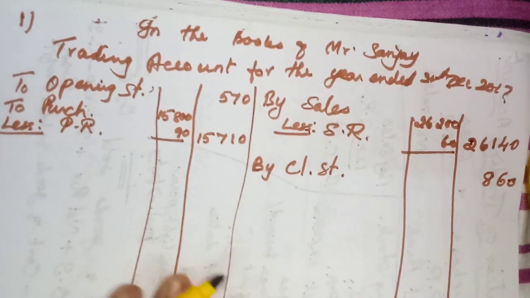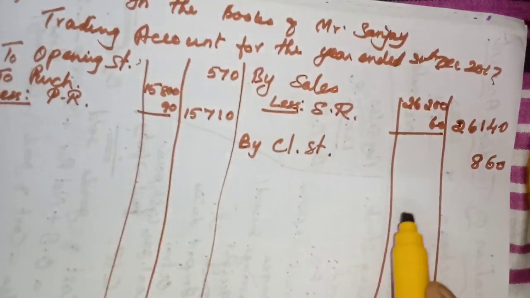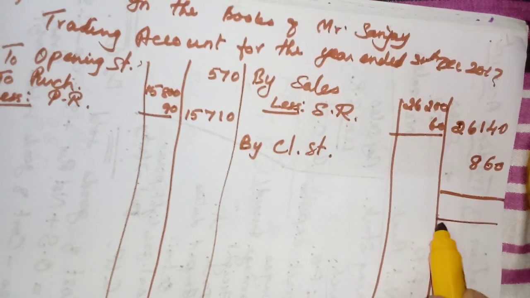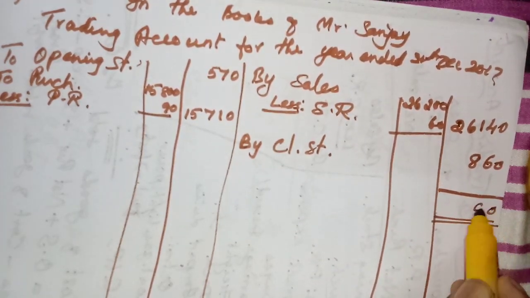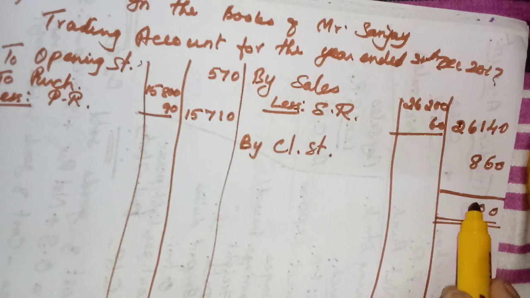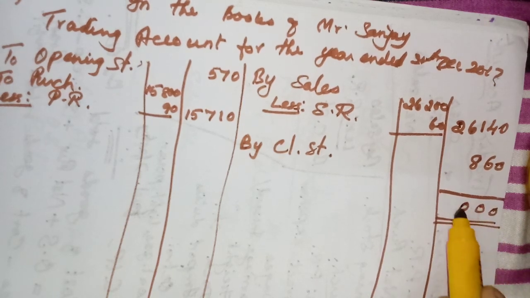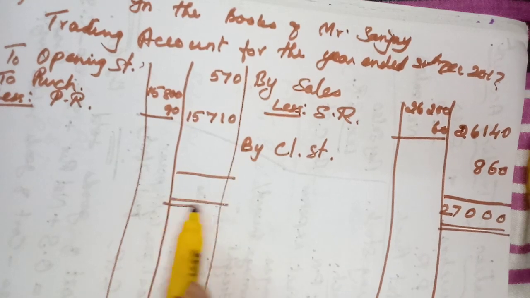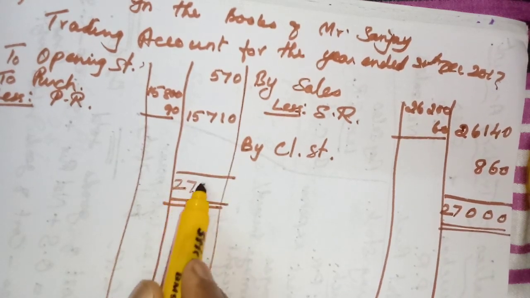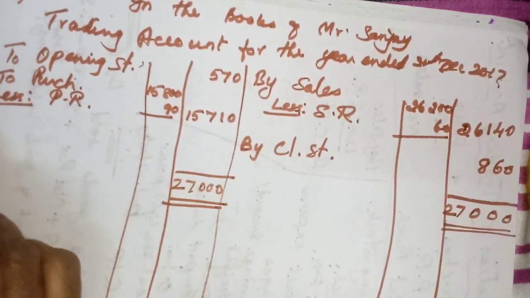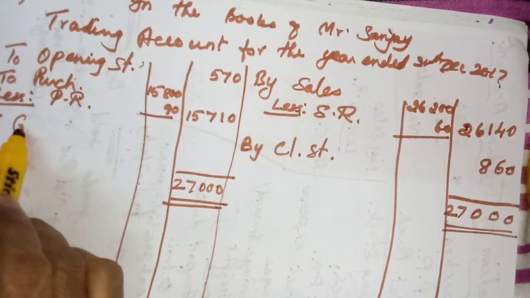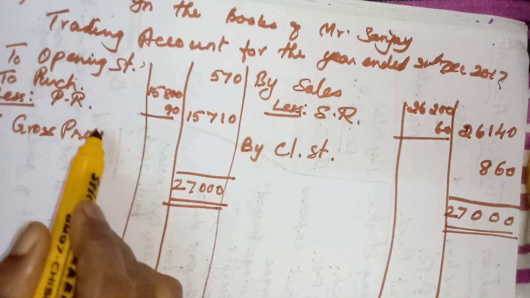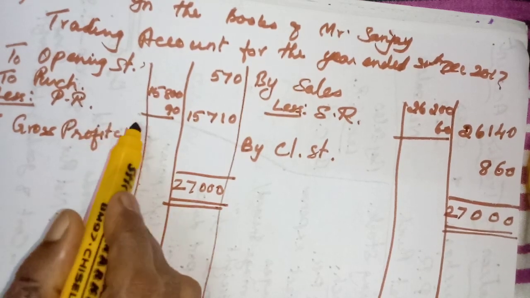Now we need to balance this account. Here only more, so you add and write that amount: 9 plus 1, 10, 7, 27,000. That same amount you write here, 27,000. Now write to gross profit carry down.